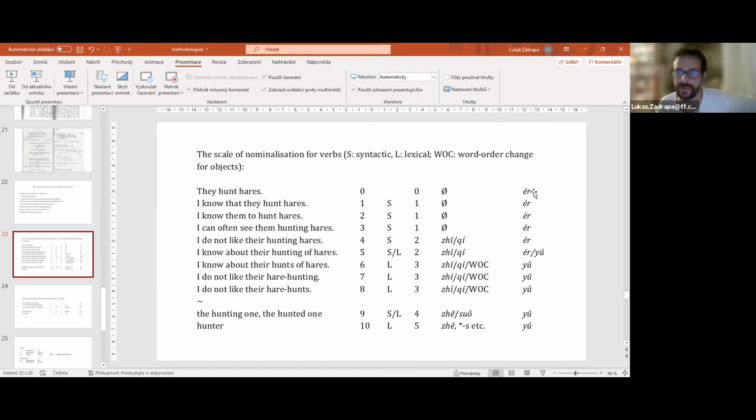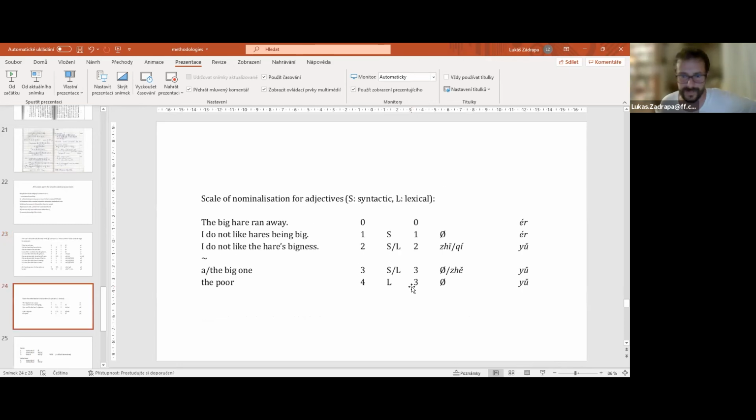And then, of course, we can trace, for example, the use of conjunctions. For the more syntactic kinds of nominalization, we have this conjunction between two predicates, the conjunction er, and for real nouns, very well nominalized verbs, we have already this nominal conjunction yu, and so on.